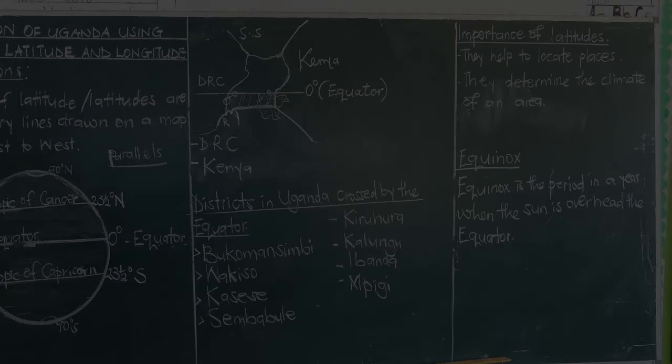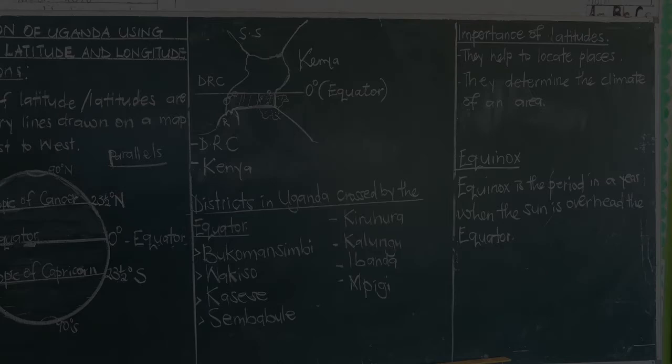So, here now, we are going to adopt the same definition. The other ones we say are imaginary lines. So here we are going to say lines of longitude are imaginary lines. Let's write as whole sentence.